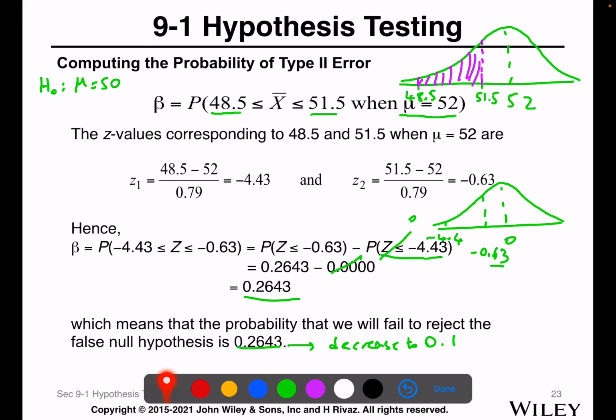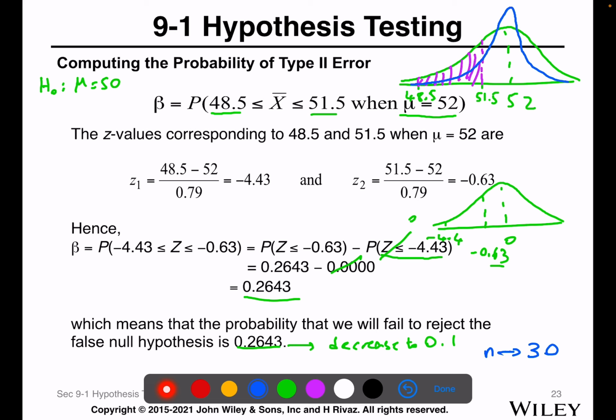So if you want your probability of type 2 error to be 0.1, that means that you have to increase your n. So what was n here? I think n was 10, right? So let's say if you increase your 10 to 30, so make it 3 times bigger, then your new distribution is going to look something like this, right?